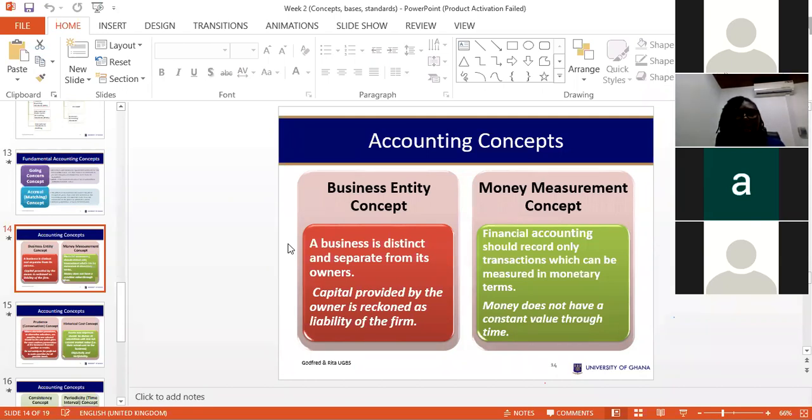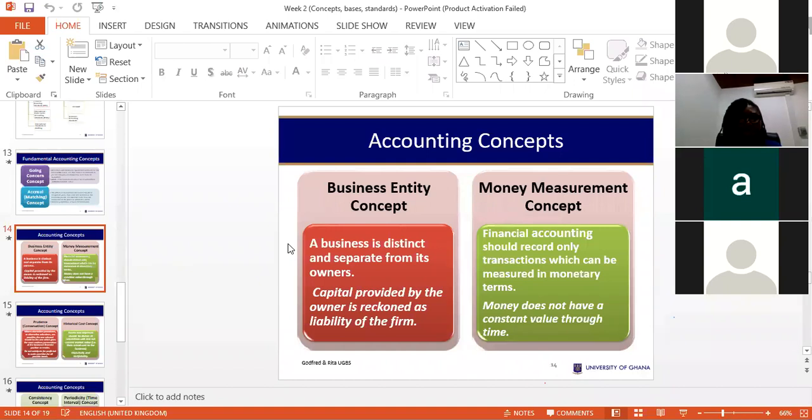Now, this entity allows us to record transactions for the business. I'll give you an example. If I have Edem Water Company, and I give you a transaction to say Edem went to buy water with cash, you have to be careful you are not recording my name. What have we done for the business?